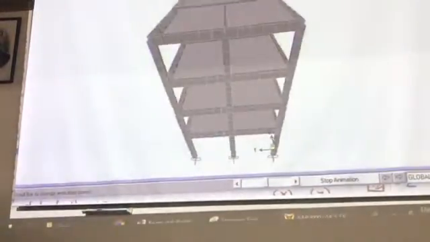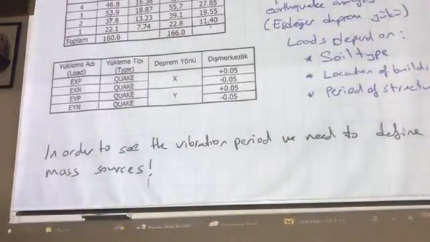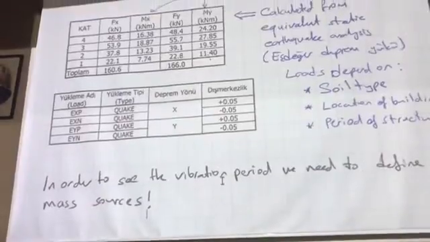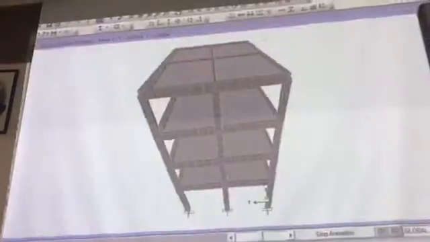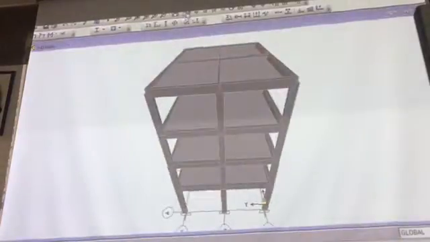These equivalent loads are Fx, Fy. In X direction this, in Y direction this one. Now let's assign them. Stop animation.